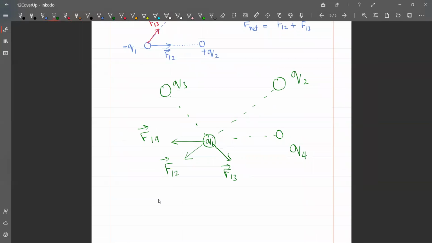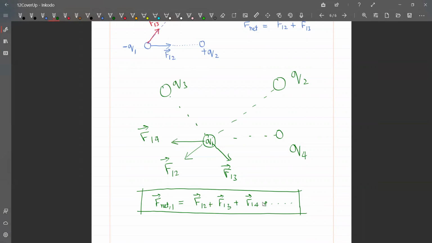So from the principle of superposition, the net force on charge 1 will be force on 1 due to 2 plus force on 1 due to 3 plus force on 1 due to 4. Likewise, the sum of all the electrostatic forces. The forces do not affect each other. They are just vectorially added.